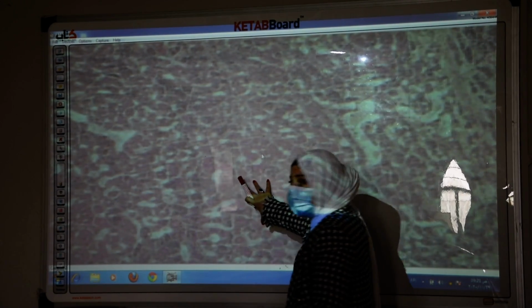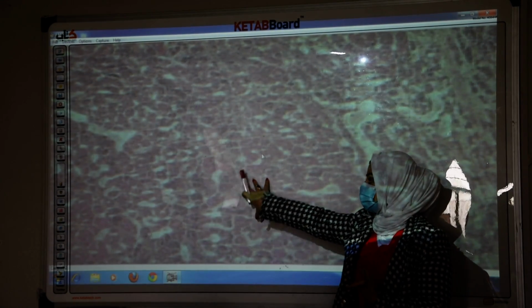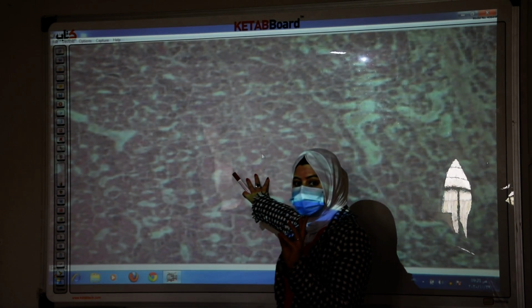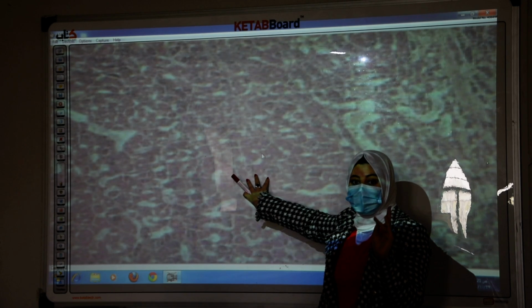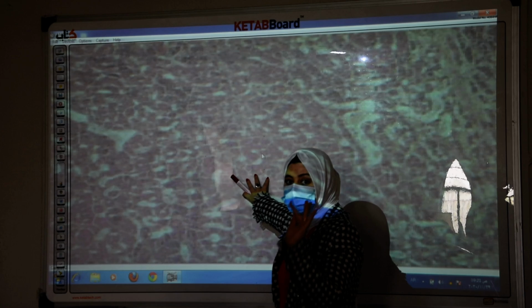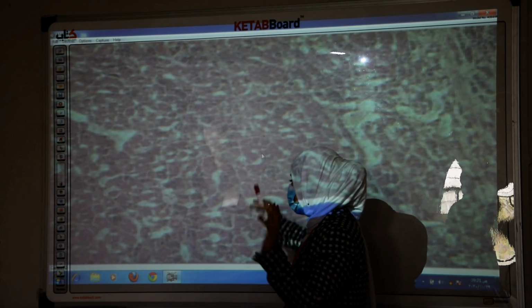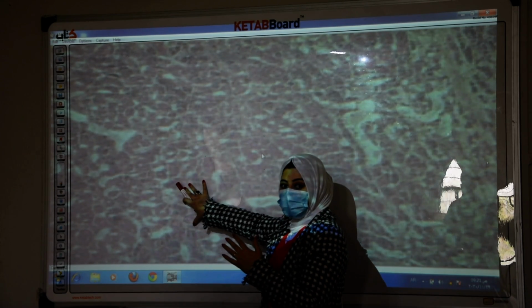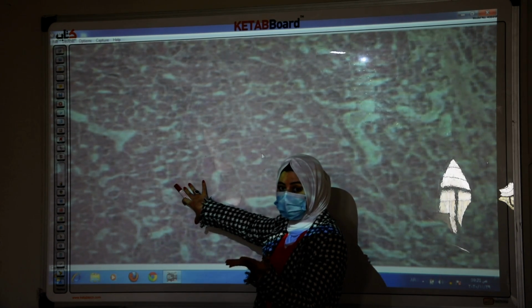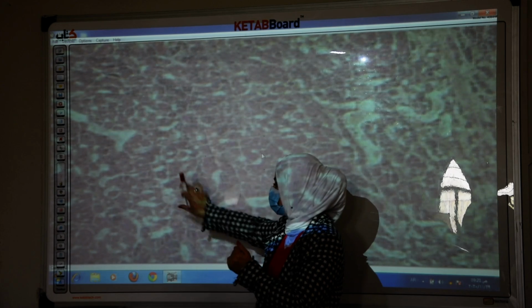Okay? We have three main types of cells in the adenohypophysis: chromophobes, chromophils, and folliculostellate cells. The chromophils can also be divided into basophils and acidophils.